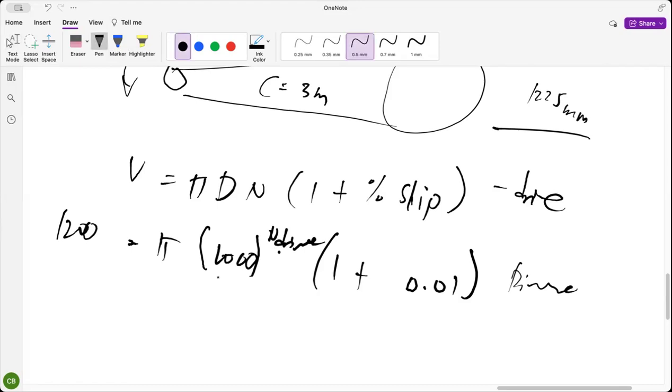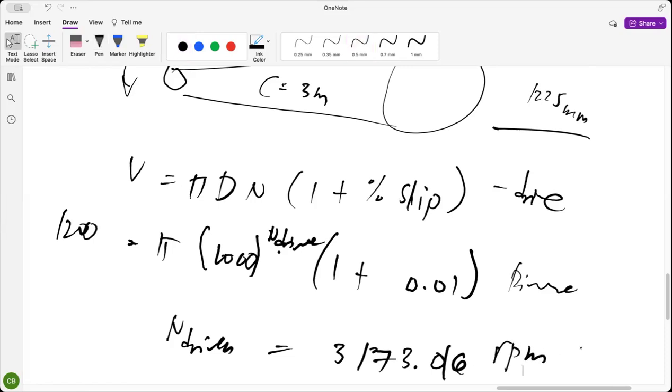So you have N driven equals to 3117.016 RPM.